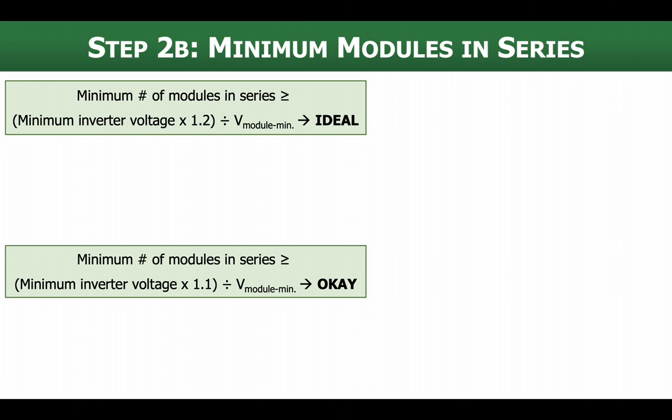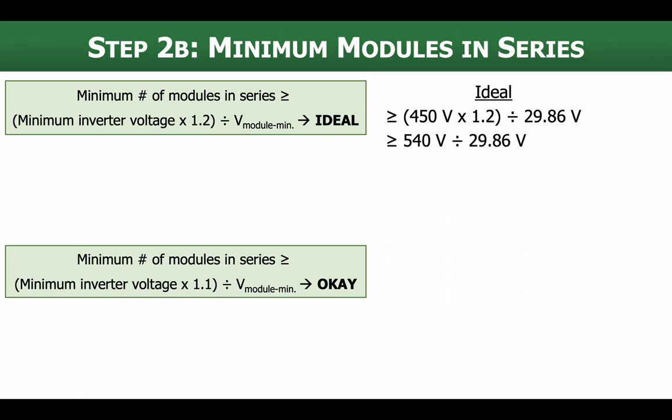Often you come out somewhere in between or closer to one than the other. Let's go ahead and see how it works out in this situation. So the ideal world, 120% of that minimum, we're going to take the inverter rated minimum, 450, multiply it by 1.2, that's our 120%, and then divide by that temperature-corrected minimum module voltage that we just calculated, 29.86. So 540 volts is what we're really shooting for.